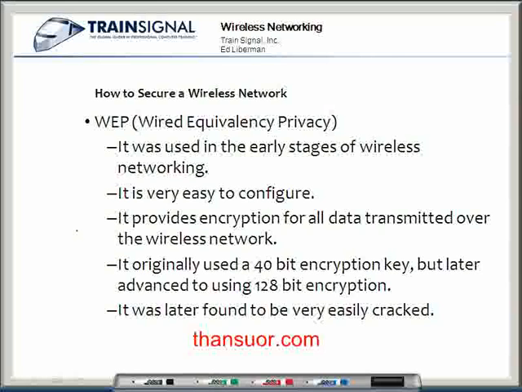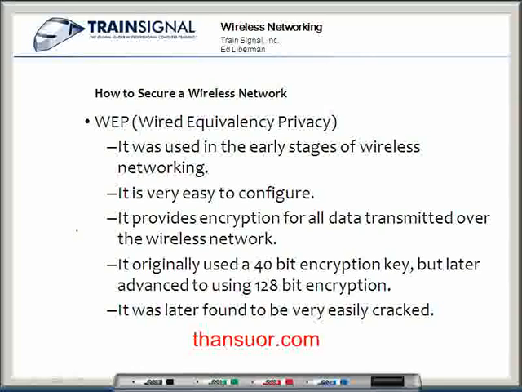See, the idea behind WEP was that it would make wireless transmissions as secure as wired transmissions, thus the name wired equivalency. But again, it ended up being easily hacked, and the reason why is because WEP was designed before we had all this major hacking going on.